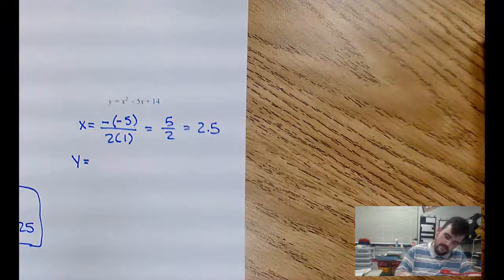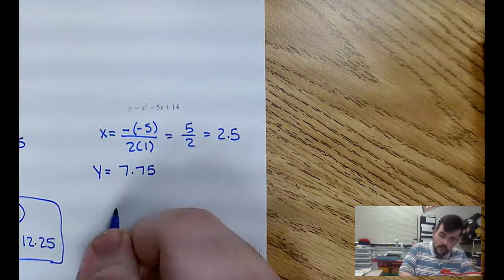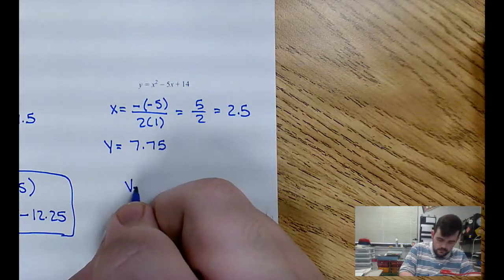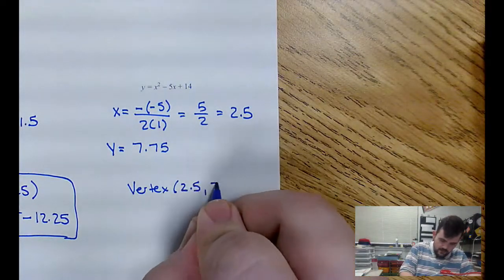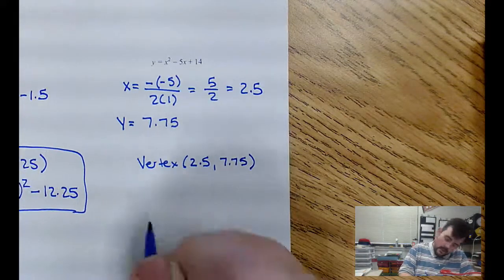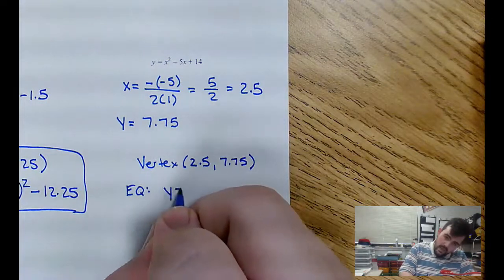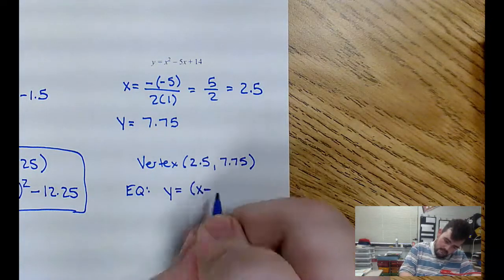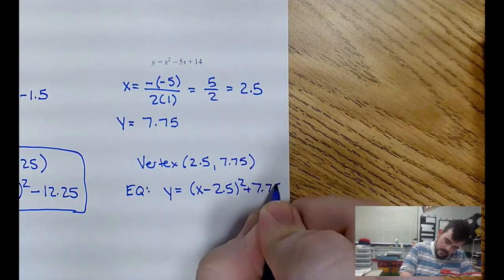That gives me 7.75. The vertex is 2.5, 7.75. The equation is y equals (x minus 2.5) squared plus 7.75.